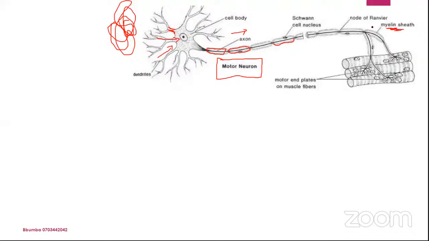That's how they call them. Now, in between one myelin sheath and another, that space is called the node of Ranvier. The node of Ranvier. And this fatty tissue is secreted by this swelling cell, which is called the Schwann cell. So this Schwann cell secretes the myelin sheath.